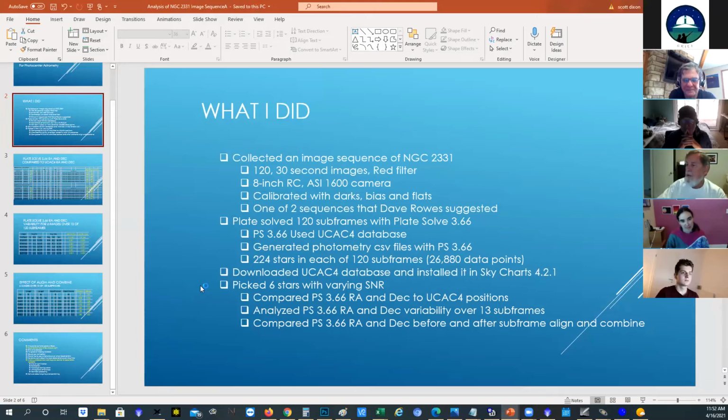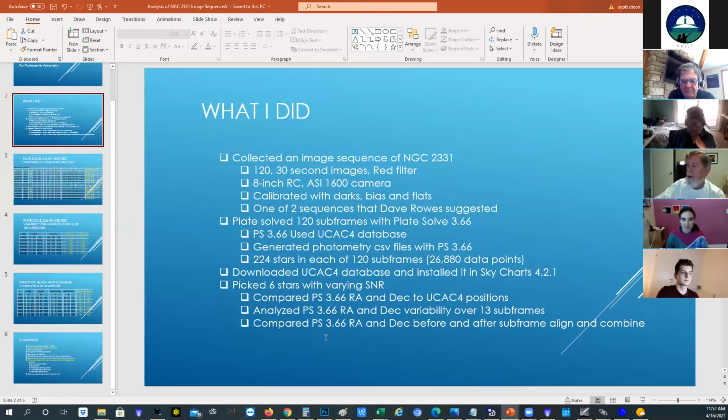So what I did was I picked 6 stars and analyzed them over 12 subframes. And I compared the 3.66 results to the UCAC positions to see how accurate the plate solution was. Then I analyzed the RA and DEC variability over the 13 subframes to see what the random noise was.